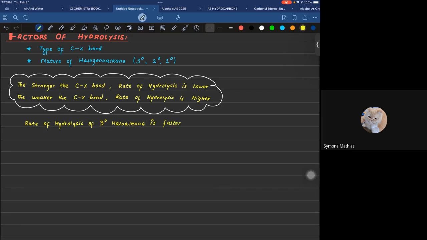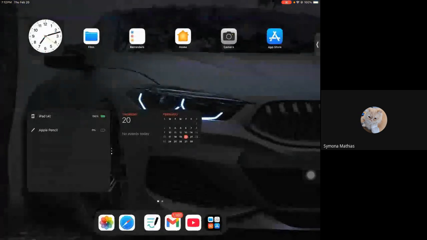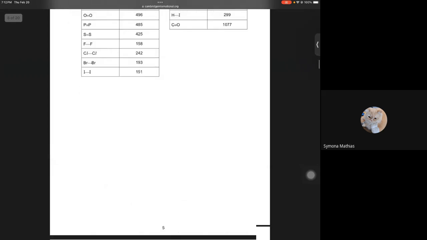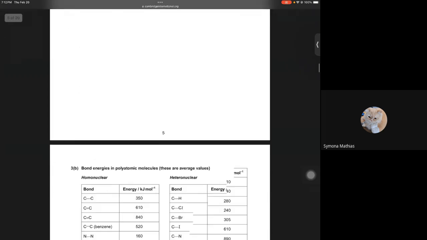Okay, and accordingly the 2 degree will be lower than that, and then the 1 degree even lower than that. Why is this so? You know why this is so? If you look at the data booklet, if you look at the bond energy, look at this. These are the bond energies.